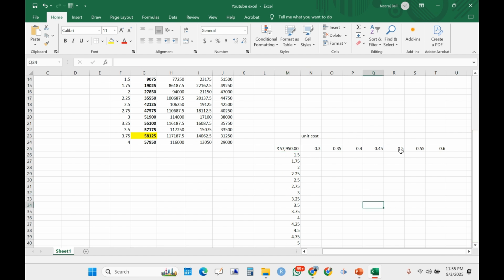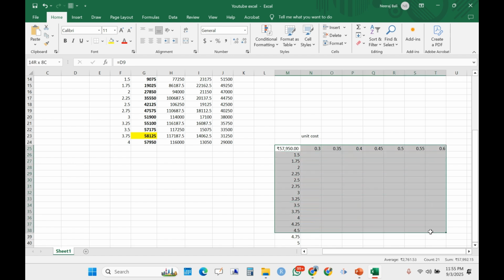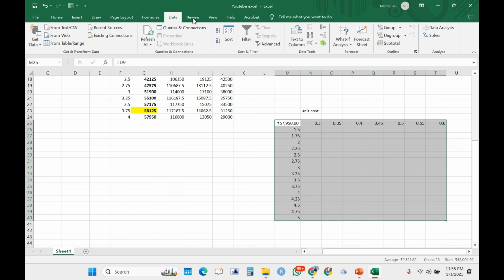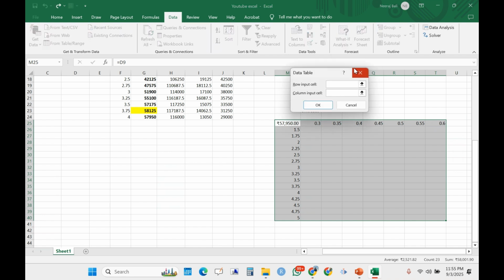Now we already have this table, and now let us see how what if analysis can put these values of various profits for various combinations of price and cost. So what I will do, I will select this table, and then go to data and then go to what if analysis and go to data table.